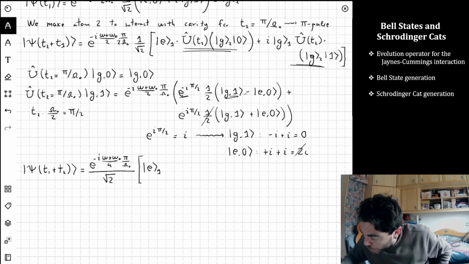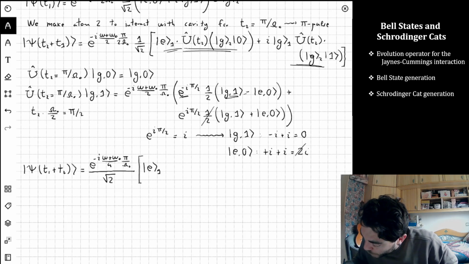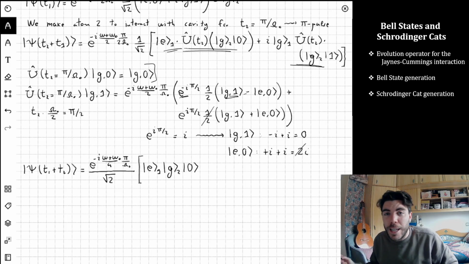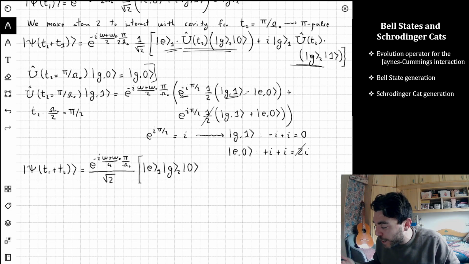Remember, I'm writing this term, so the first atom in the excited state, and then this operator gave me this. So this means that this is E1 G2 and 0 photons in the cavity, which by the way is the initial state, so there is a possibility that after all of this nothing happened.